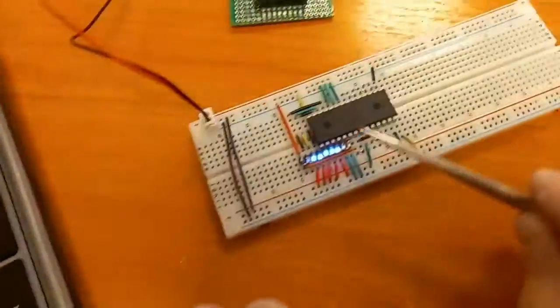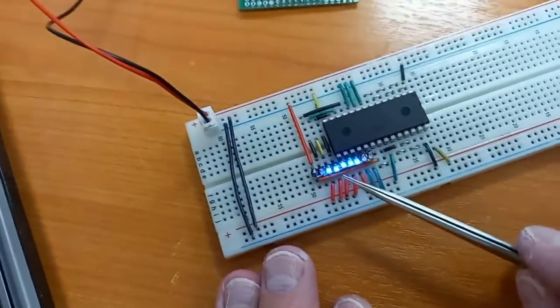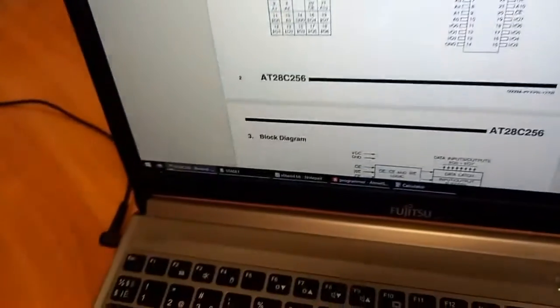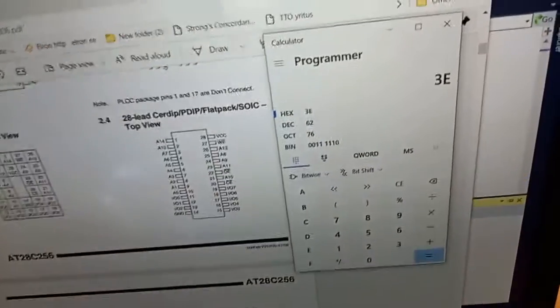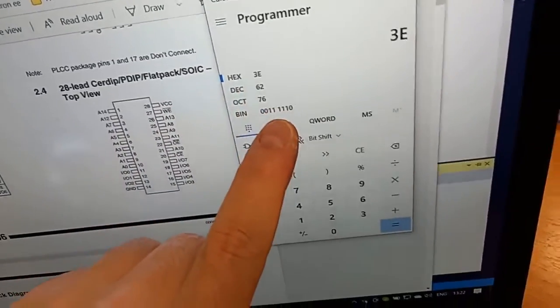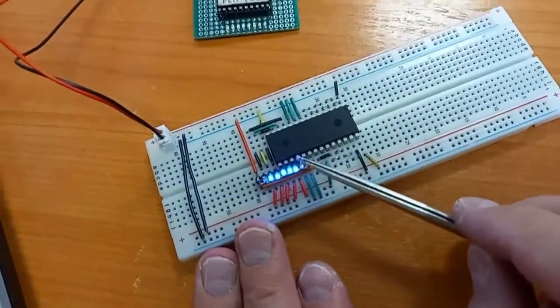So starting from 7 to 0, we have a number here, 3E was the number, that's the binary representation. We have set the number here at the data bus.